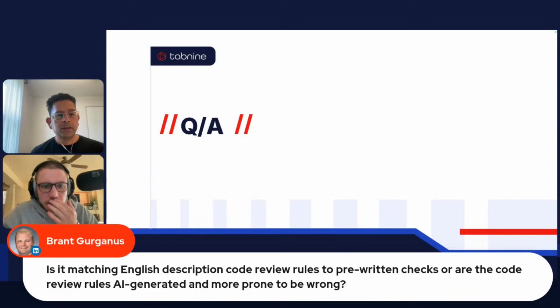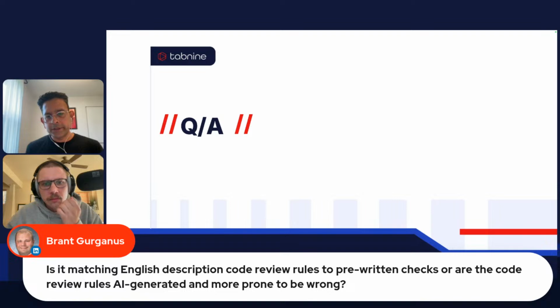Is it matching an English description to code? I think that's a good question, and let me take a stab at answering it. As a customer, all you need to provide is a short description in plain English of what the coding standard is.